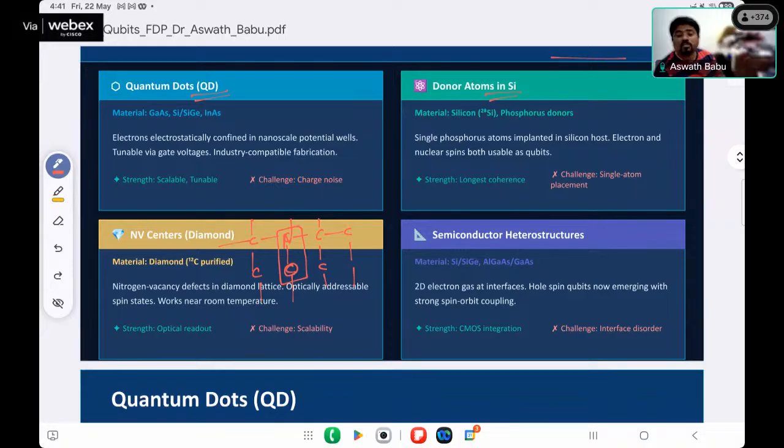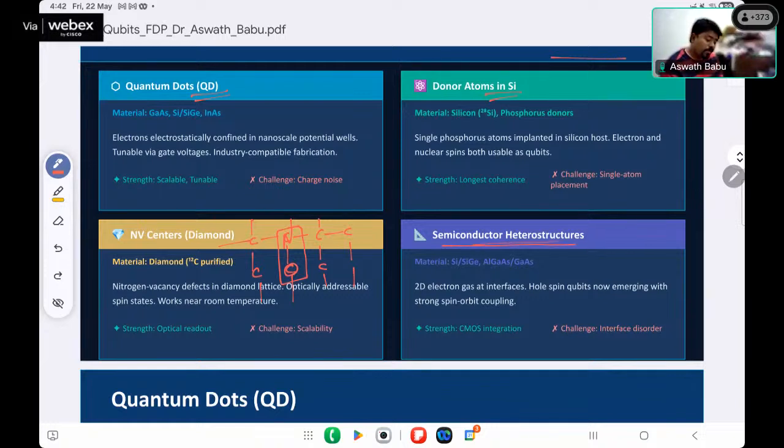So here it is called diamond impurities. In the diamond we can dope with nitrogen and create NV centers. So this is also a spin qubit, one of the qubits for you. And there is also something called semiconductor heterostructures.